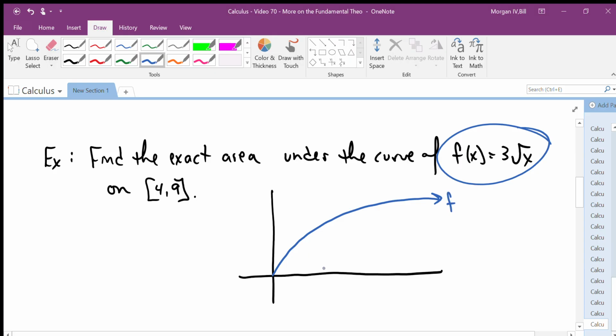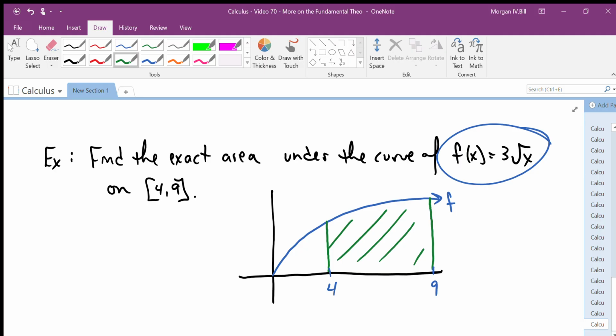And we will be on the interval from 4 to 9. We're going to be looking for the exact area of this region. No more creating rectangles, no more adding the areas of the rectangles to get an approximation. We're going to get the exact area here using the fundamental theorem of calculus.